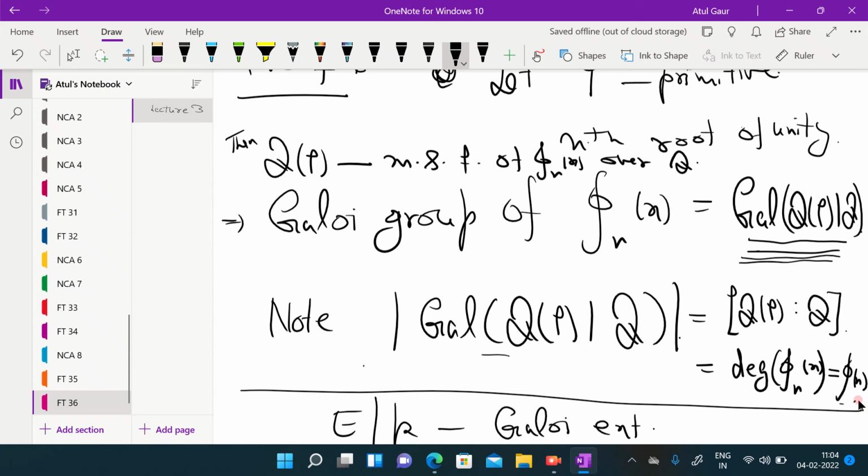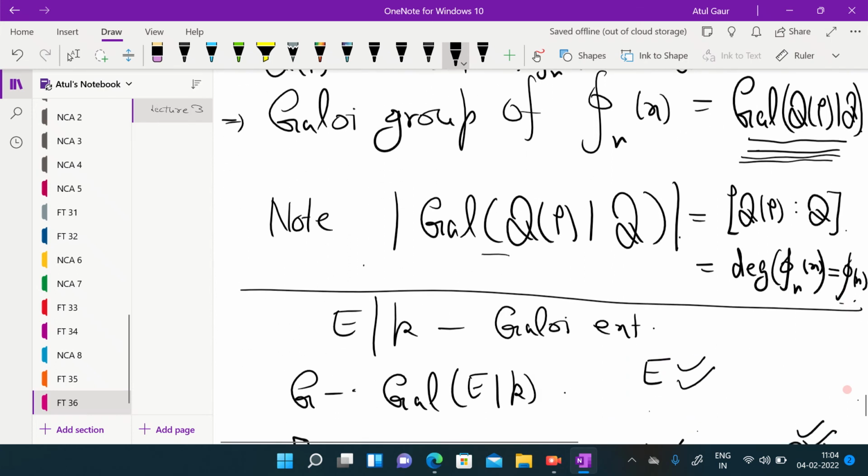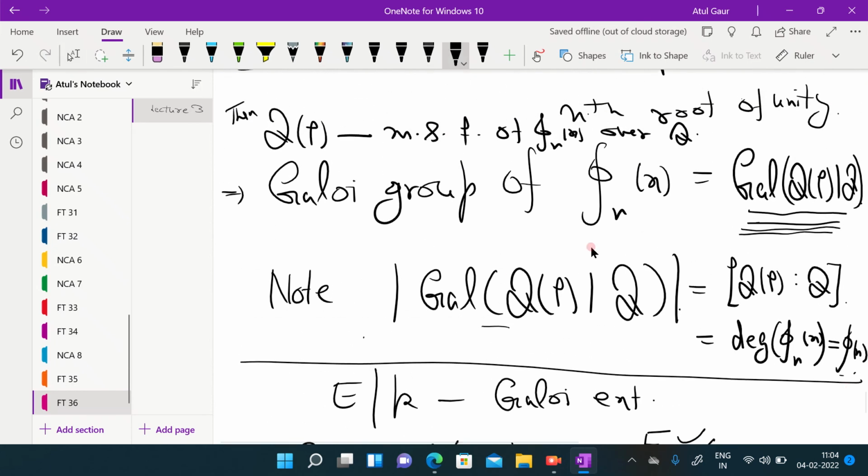Right? Okay. So what I'm looking for is the isomorphism. Basically, what is this Galois group? The Galois group is the set of all Q automorphisms on Q(rho). So I am looking at all Q automorphisms from Q(rho) to Q(rho).